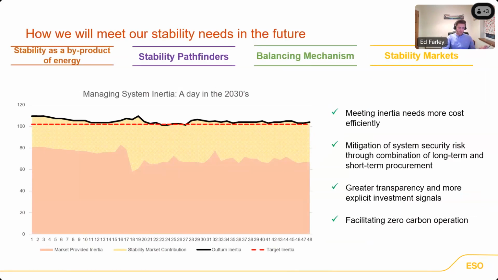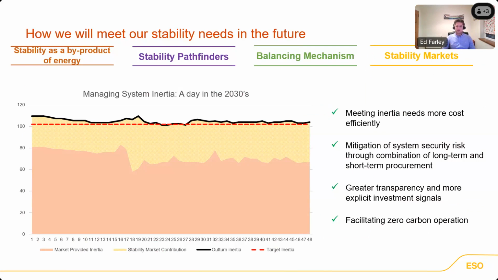And I wanted to fast forward a little bit to therefore what the picture may look like in the 2030s. I showed you the example for last Sunday, the 12th of May, and how we met our minimum inertia thresholds there.